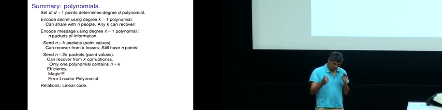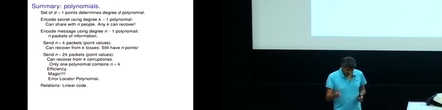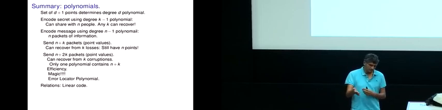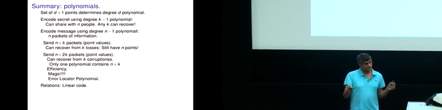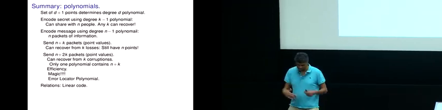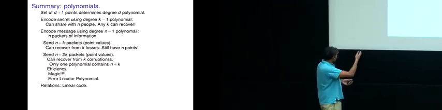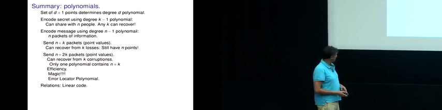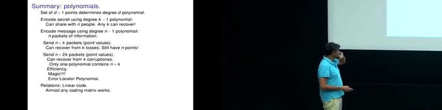And for example, the packets are the coefficients of the polynomial, and each row of the matrix is some 1, x1, x1 squared, and so on. Okay, and then each row is a different value of xi. Okay, so it's an n plus k by n matrix. So any linear code basically works.